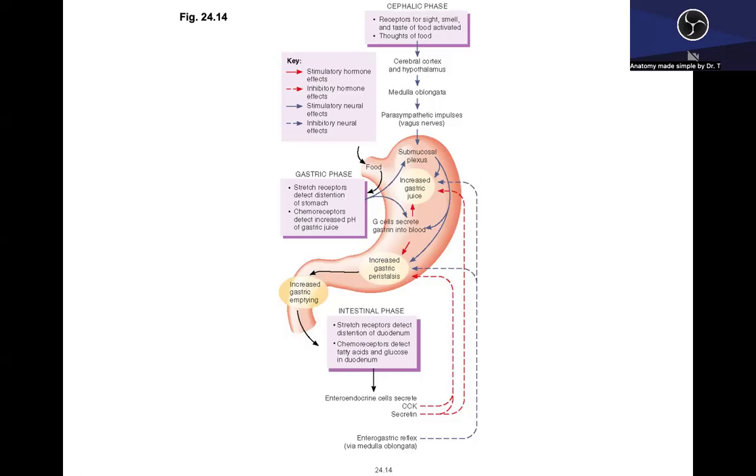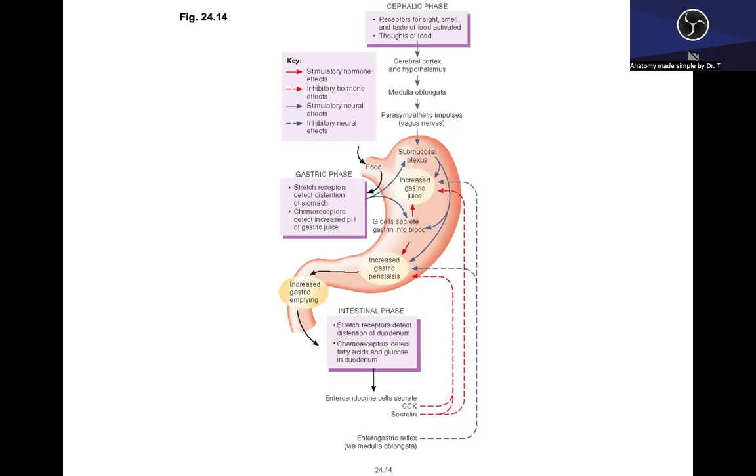Through the vagus nerve, the submucosal plexus becomes stimulated for increased secretion of gastric juice. It's not only hydrochloric acid, you remember, it's also more mucus, more pepsinogen, and more gastrin.